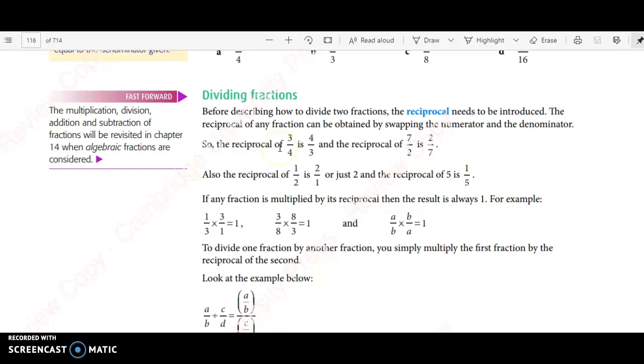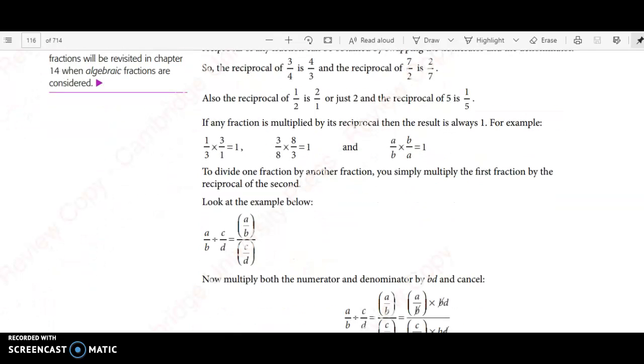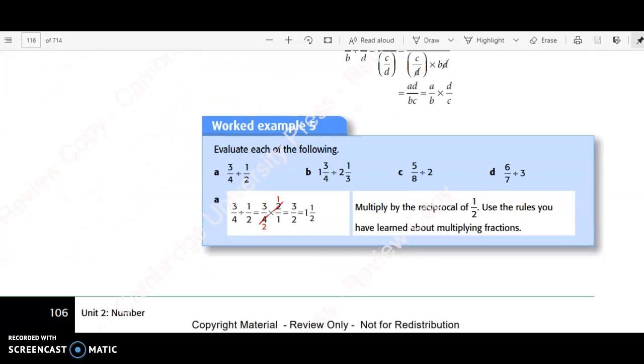So you swap the denominator and the numerator place. Okay. Now, division is the reciprocal of multiplication. So you swap only the last fraction.